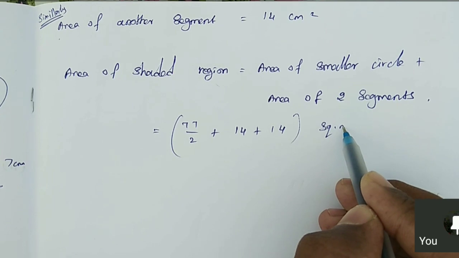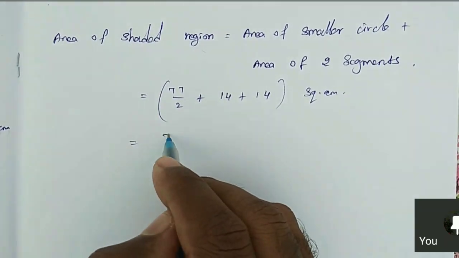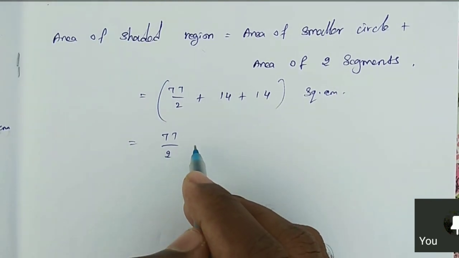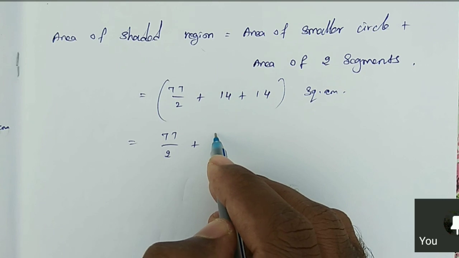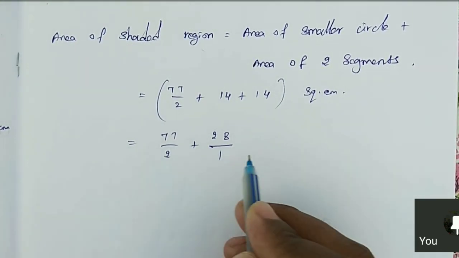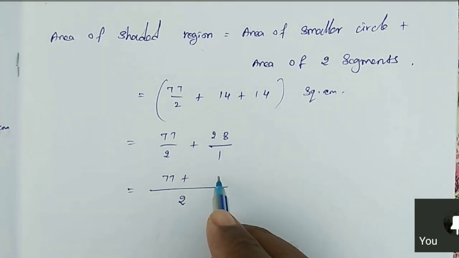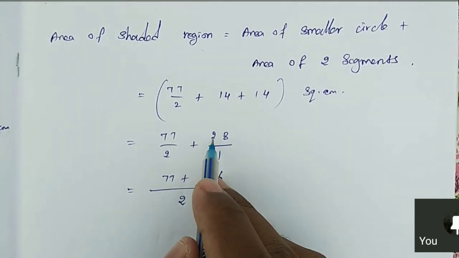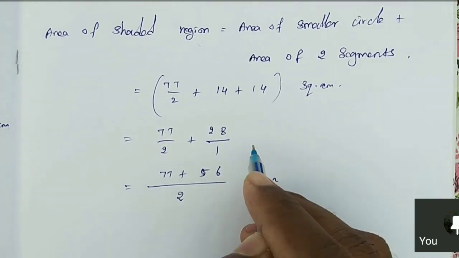Yes, sir. Square centimeter. Now 14 plus 14, what is it? 28. So 77 by 2 plus 14 plus 14, what is it? 28. So divided by 1. Now we can take the LCM. So that is 2. 77 plus 2 8s are 16, remaining 1. 2 2s are 4, 4 plus 1 is 5, 56 centimeter squared.